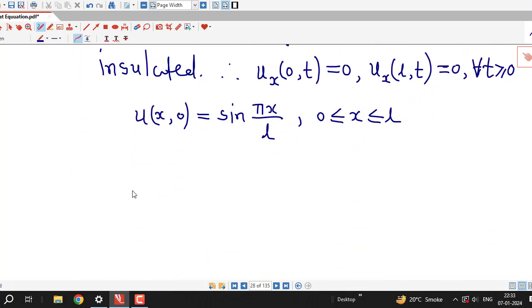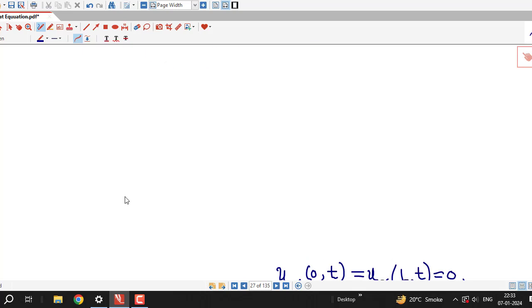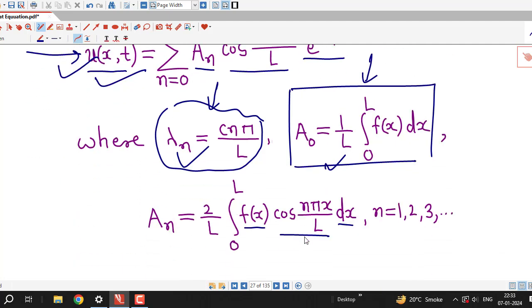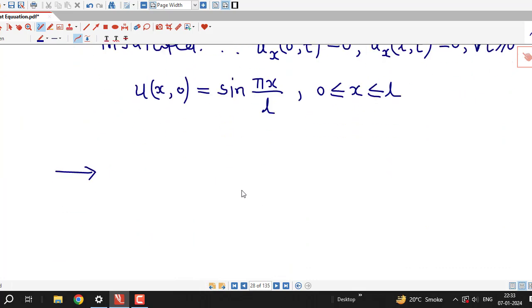So first we find out A0 and An. We have the formula for the solution. We are going to use this formula, and for this formula we will require all this lambda n, A0 and An, where f(x) is given by initial condition. So we will first obtain A0 and An, and that is simple integration.